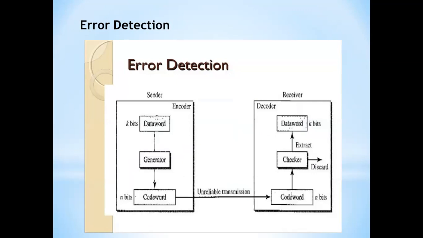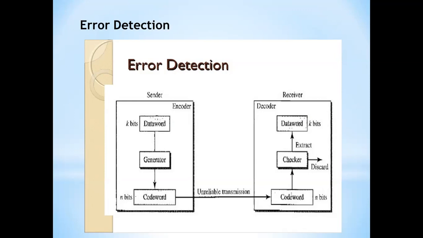The figure shows the process of error detection using block codes. The k-bit data words are applied to a generator or encoder. It applies rules and procedures to encode these bits and generate an n-bit code word. These code words are transmitted using unreliable transmission to the receiver.